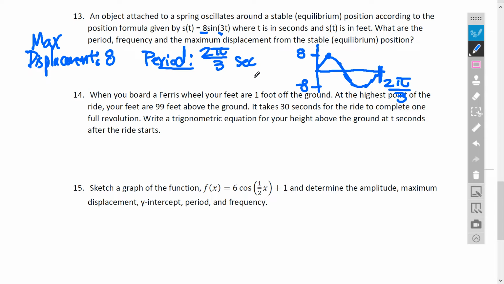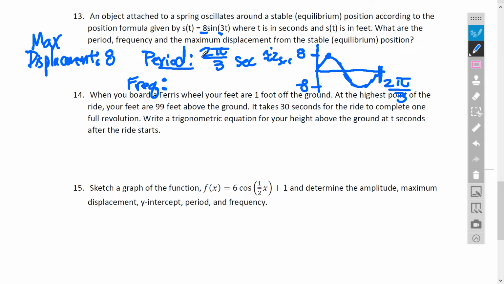So this 2 pi over 3 is approximately 2 seconds. Okay, it's about 2 seconds. The frequency, the number of cycles it completes in a single second, we would do the inverse.